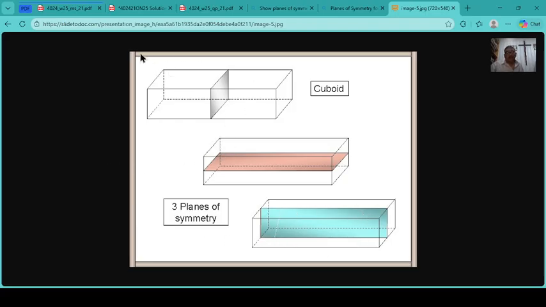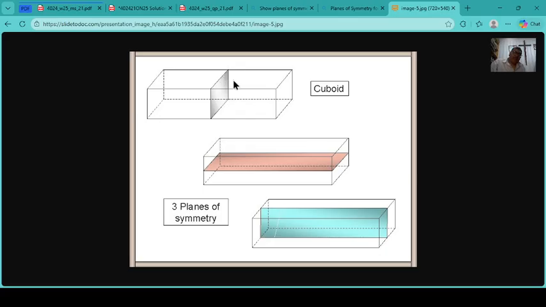If you try to draw a plane of symmetry in a diagonal way, that does not divide the shape exactly into two equal parts, because we have to fold them along that plane of symmetry, and they should be exactly the same.